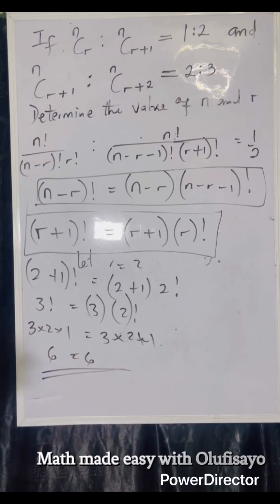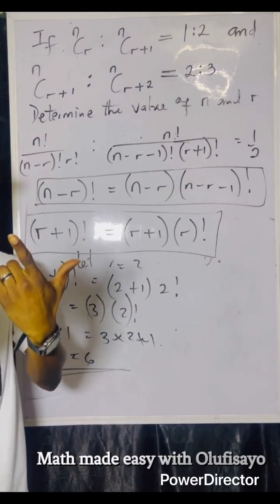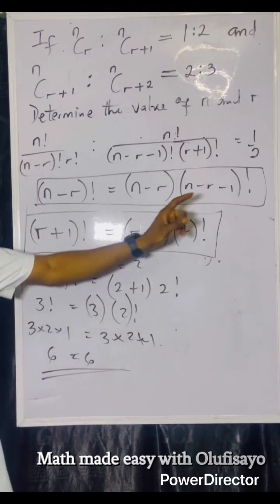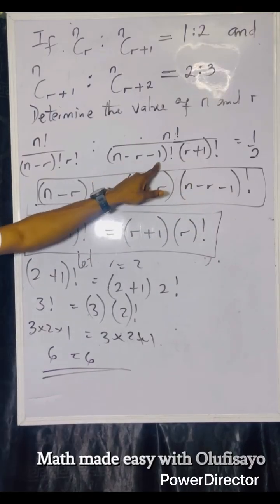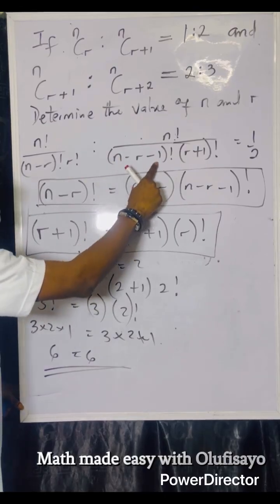It's very, very simple. What you need to do is remove 1 from the expression. Similarly, if I want to expand this one, we have n minus r minus 1 factorial.